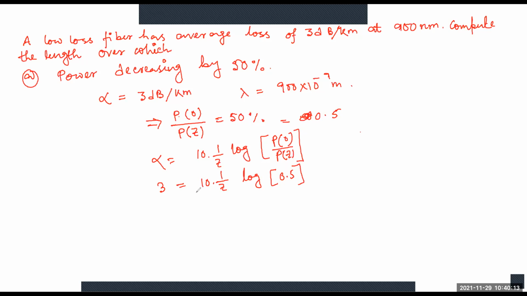With the help of a calculator, you can easily get the value of z, where z is the length of the cable. So here it is 1 km. This is your answer for this problem.